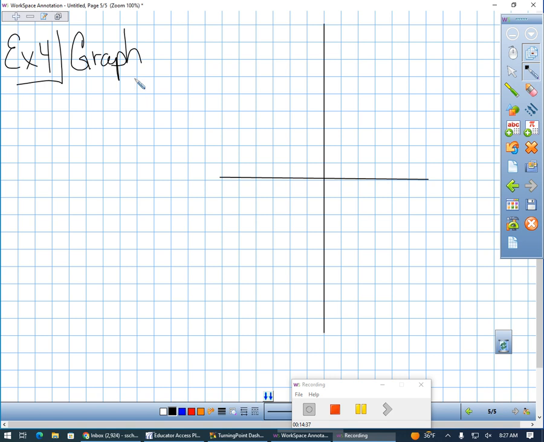And this time, let's graph y equals negative 2x squared minus 10x.